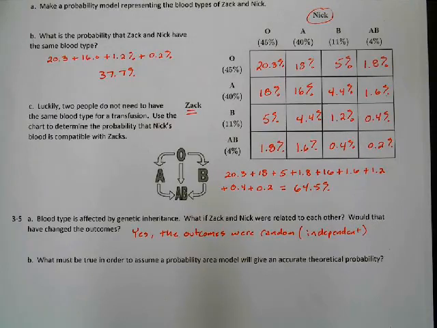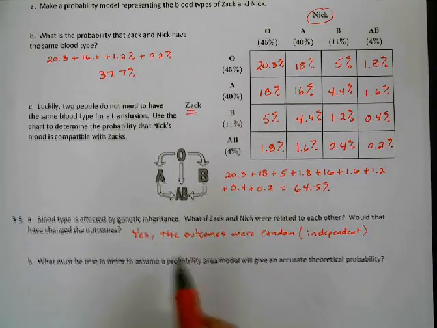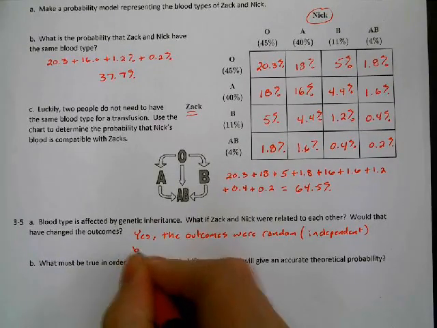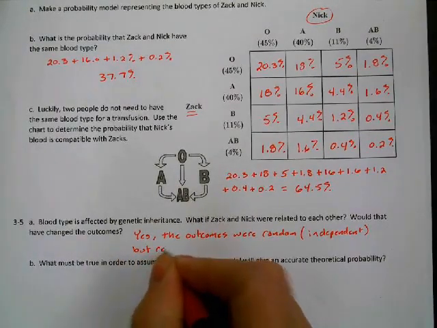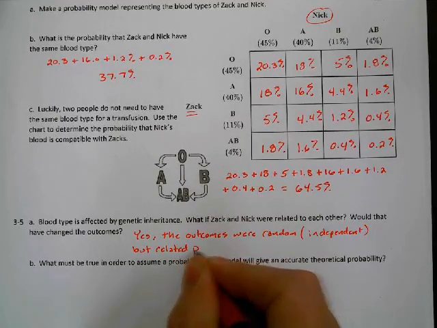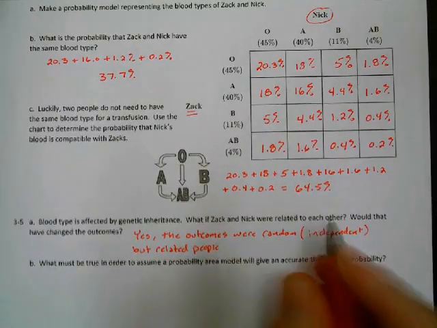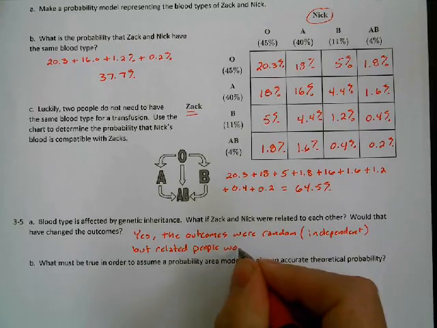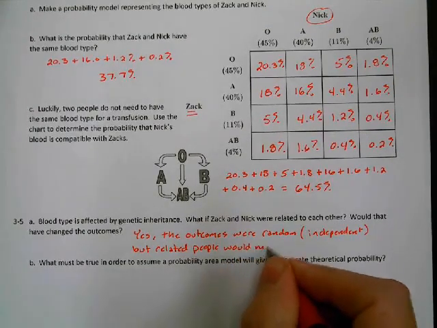That's usually why if somebody is injured, they look for a relative to give them blood because they're more likely to have compatible blood types. The outcomes were independent, but related people would be more likely dependent.